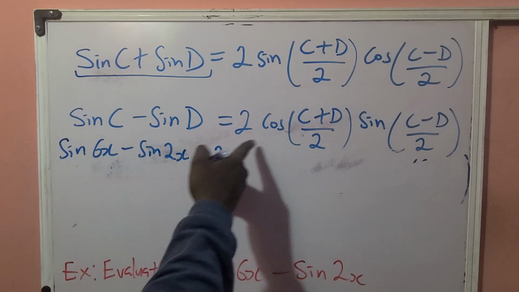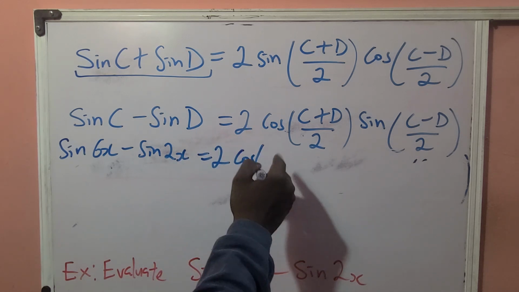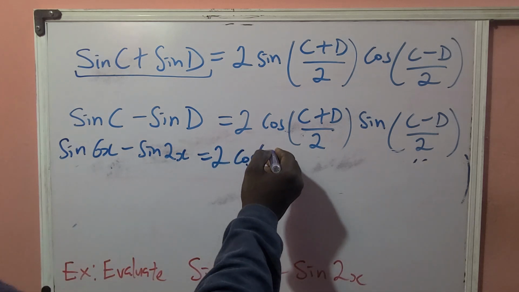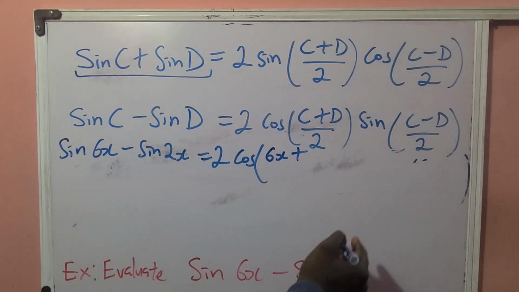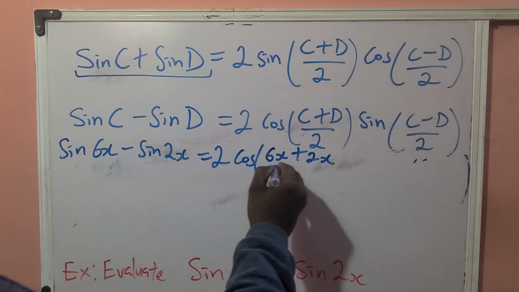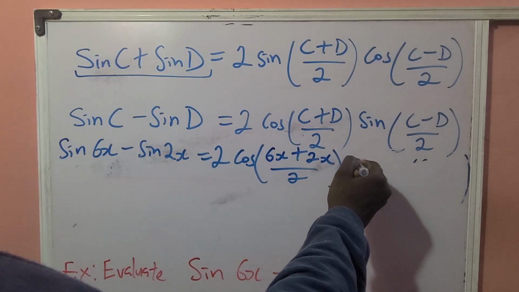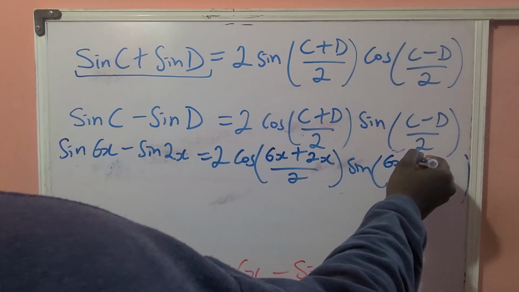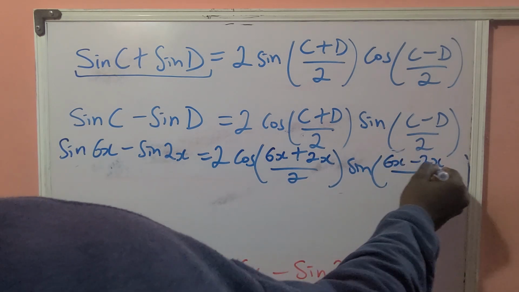equals to 2 the cosine of C plus D, that will be 6x plus 2x divided by 2. Then sine, we have 6x minus 2x divided by 2.